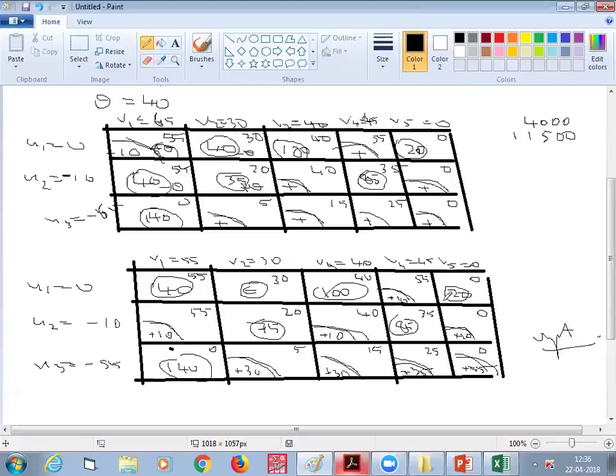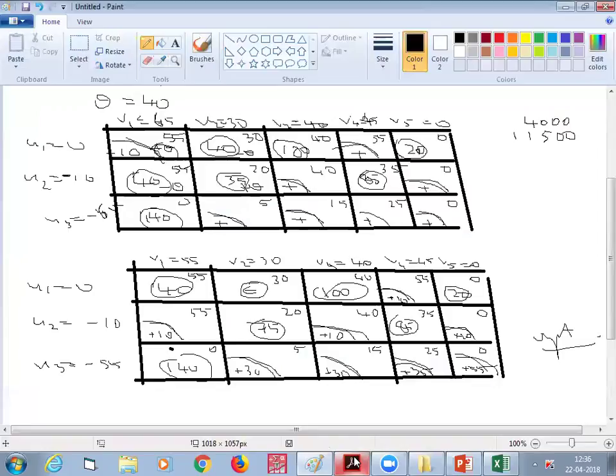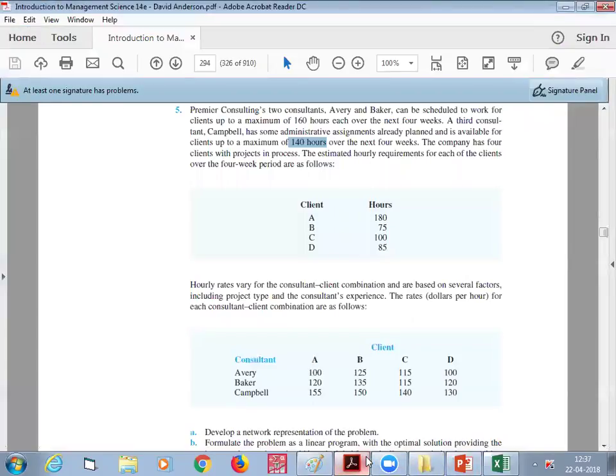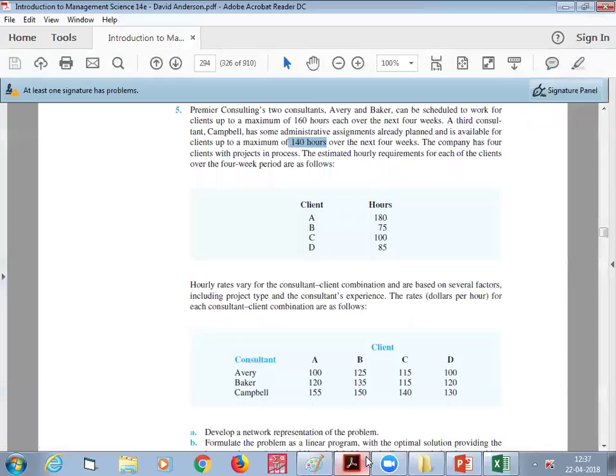Right, so 40 into 100 plus 100 into 115 plus 75 into 135 plus 85 into 120 plus 140 into 155, right?